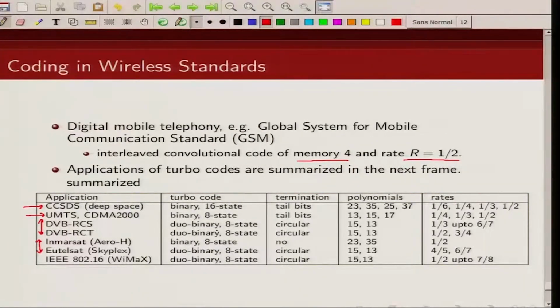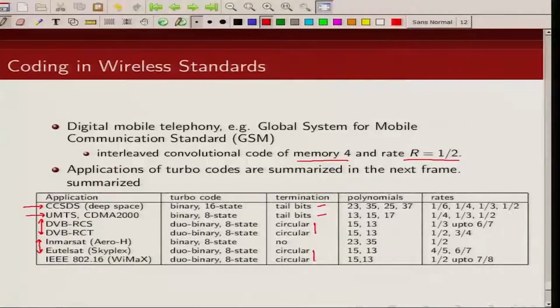This double binary turbo code essentially uses a rate k by n code, where k is greater than 1, and there are additional bits, tail bits, that have been added in some of the cases for termination of the encoder, and in some cases where you see this circular entry, they have used a circular recursive encoder.